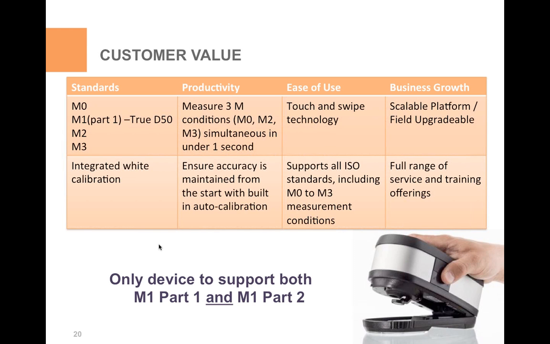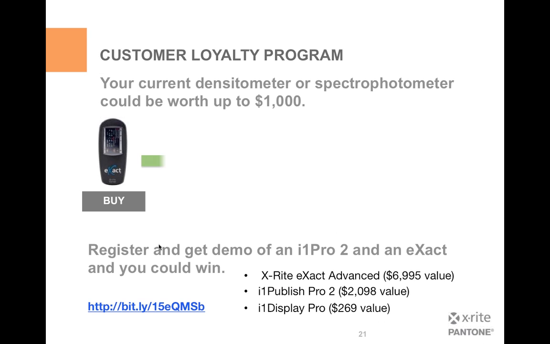Something also very important is that it supports all of the ISO standards and the measurement conditions. We're going to find that it's compliant with different standards, G7 and so forth.